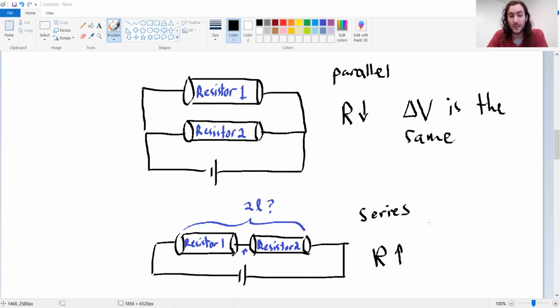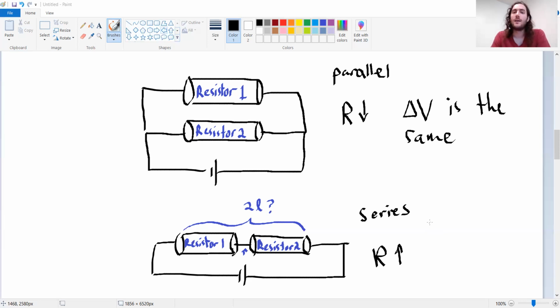Now, that plays into what we talked about earlier, Kirchhoff's current law. So if I had a current through resistor 1 that was different than the current through resistor 2, then one of those resistors must be accumulating some charge, right? And then we can't have that. We can't have charge just building up on one of those resistors for no reason, right?